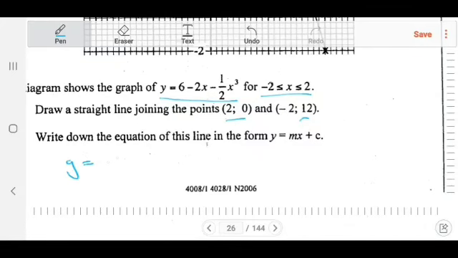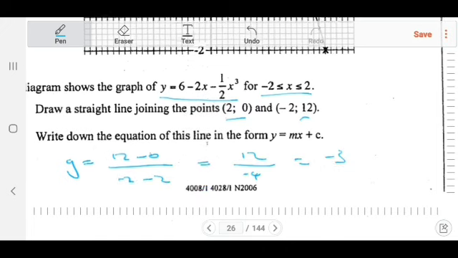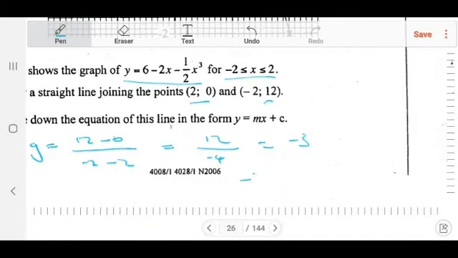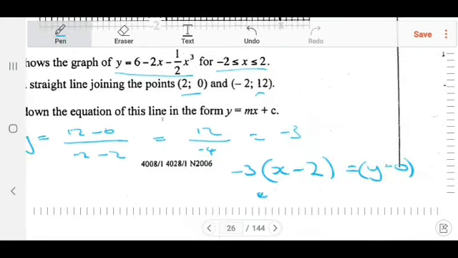Gradient is equal to 12 minus 0 over minus 2 minus 2, which gives us 12 over minus 4, which is negative 3. Having that one, you can say negative 3 times x minus 2 equals y minus 0. So y equals negative 3x plus 6. This is our equation there.